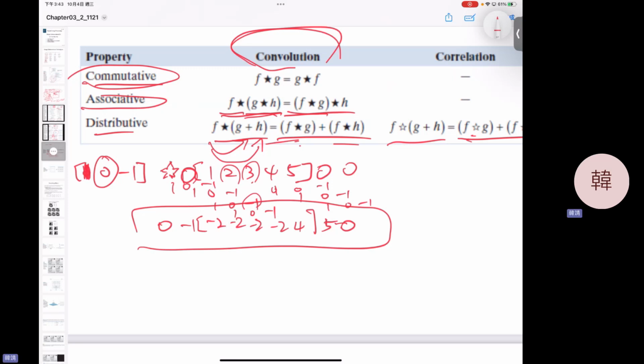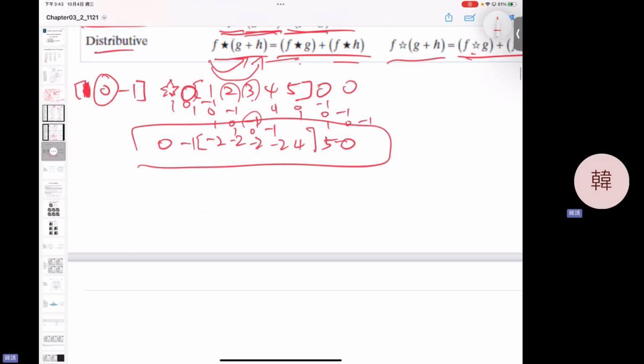We are going to demonstrate commutative. I want to try to prove these are different. So please calculate for me. If you rotate these two signals, is that result the same?